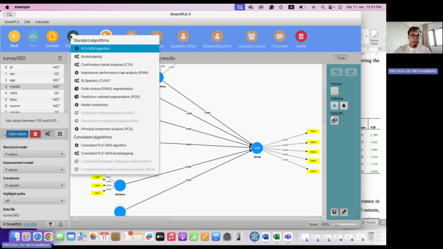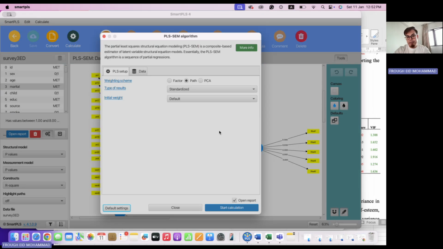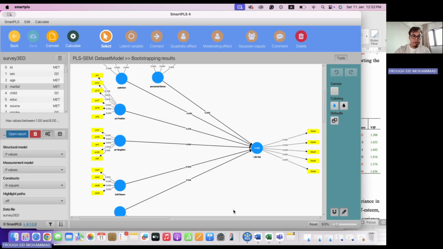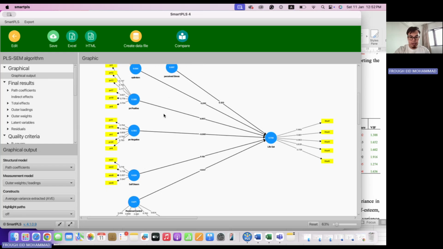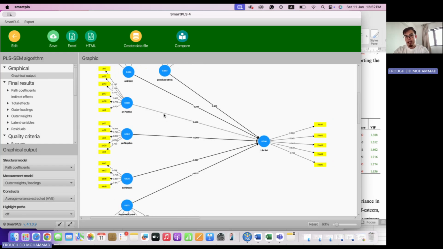For the measurement model analysis, I'm going to choose the PLS algorithm, and they are already okay as default. This is the model that I have drawn. This is life satisfaction, and the independent variables or factors that can affect it are optimism, perceived stress, perceived control, and self-esteem, and other related variables.